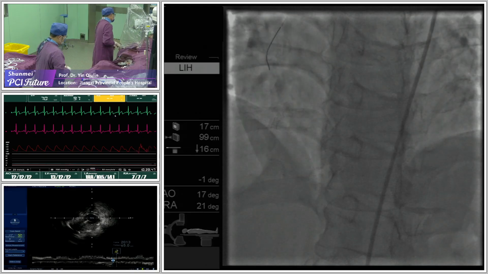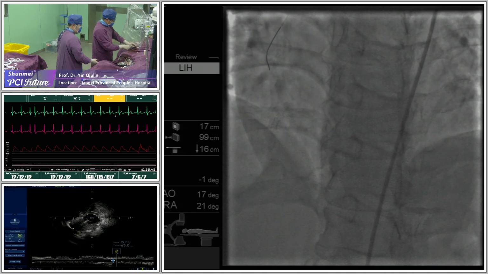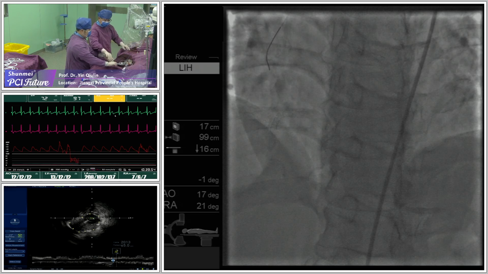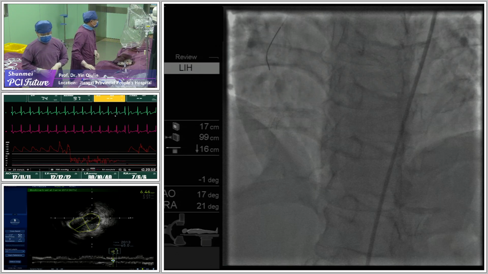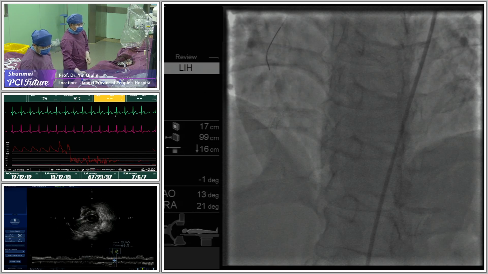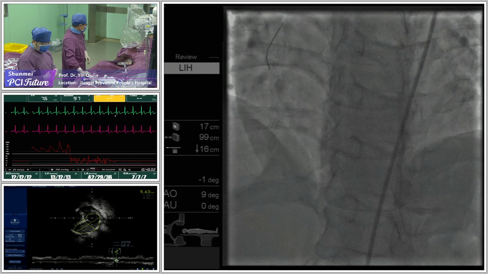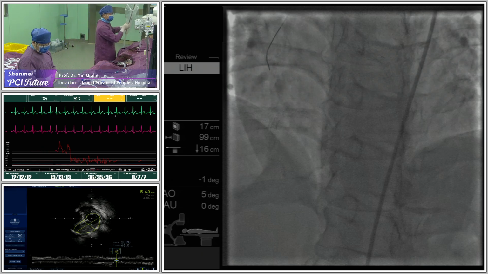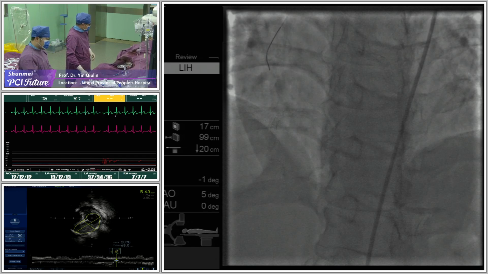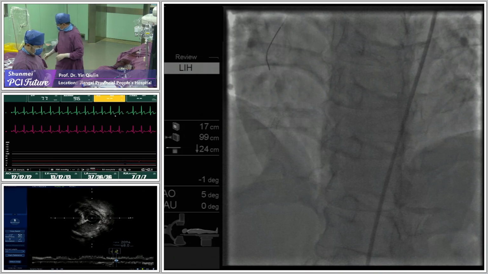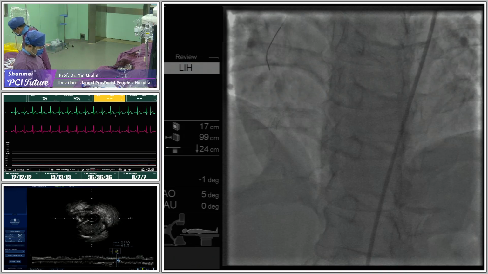In non-left main bifurcations, 84% underwent PCI. However, with the Medina classification only 64% were treated with PCI. So the jaw classification is much better in this section.